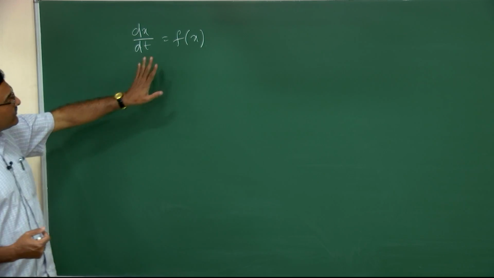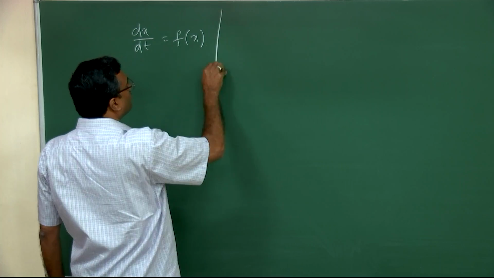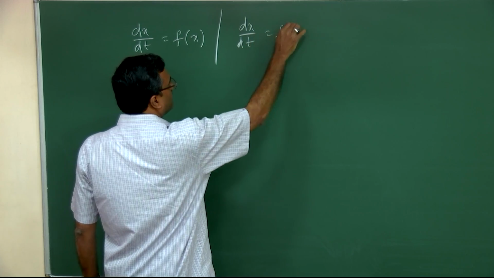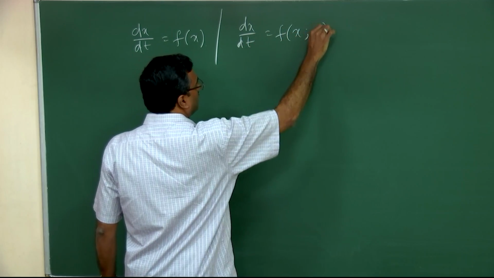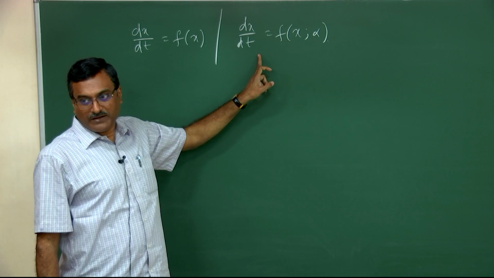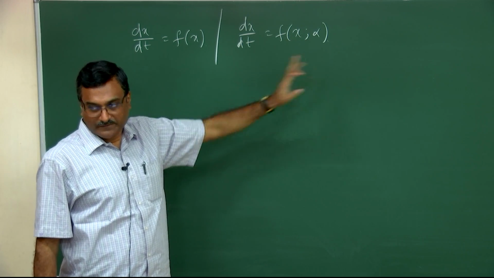This is the most general form. Alternatively, we can write this system as dx/dt equal to f(x, alpha). So x is the dependent variable, t is the independent variable, and alpha is the parameter.